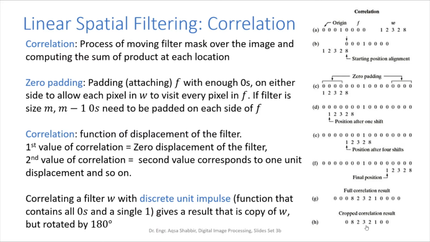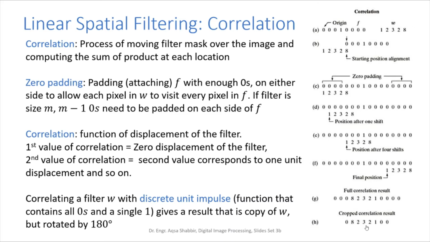The first value of correlation is the sum of products of function f and w for the initial position shown in part C. As you can observe, when 0 is multiplied with 1 and added with 0 multiplied with 2, and added to 0 multiplied with 3, and then added to 0 multiplied with 2, and then added to 0 multiplied with 8, the answer you can observe in part G is also 0.